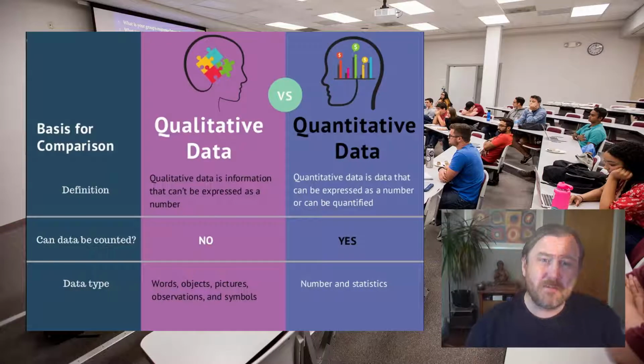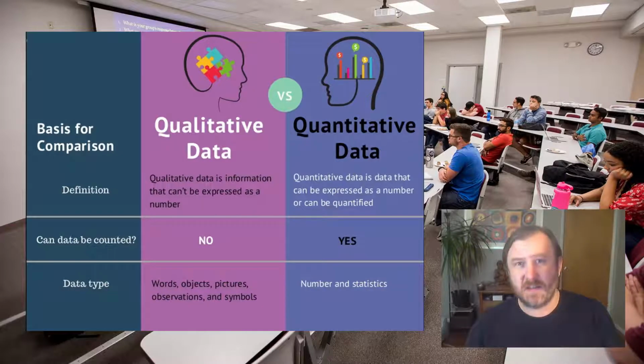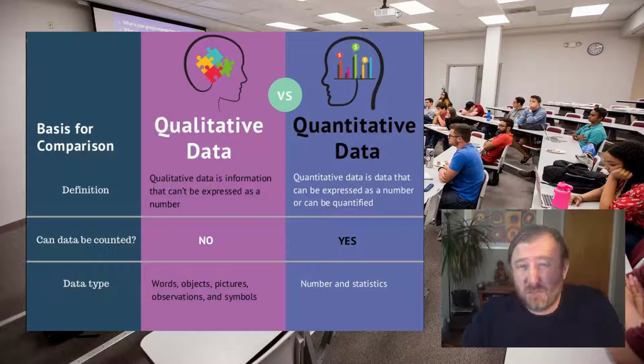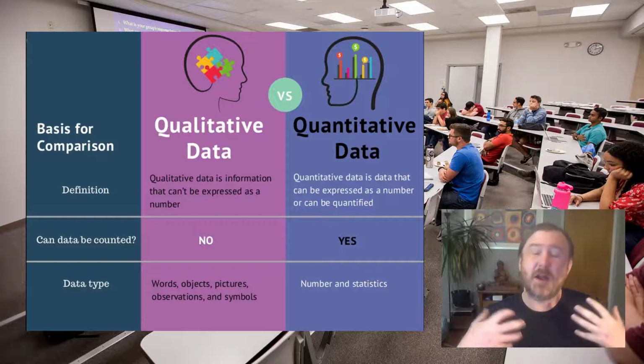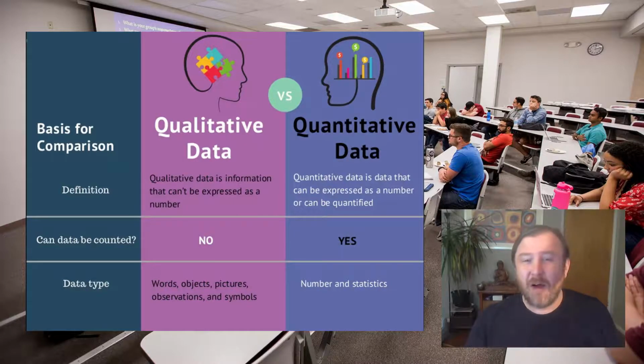So the first main way that you can distinguish types of data is whether it's qualitative or quantitative. Quantitative data, which is what we typically think about when we think of data, is a quantity or an amount or a count. It's something that we typically can do math on.